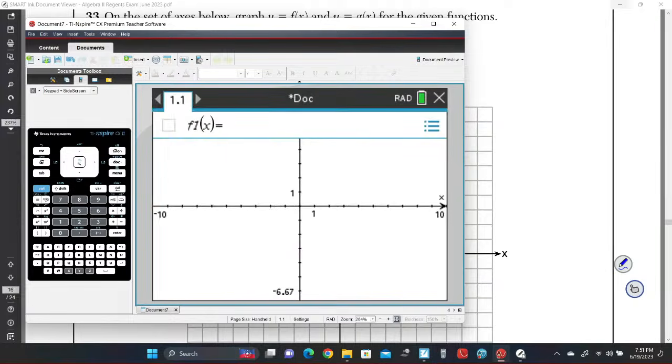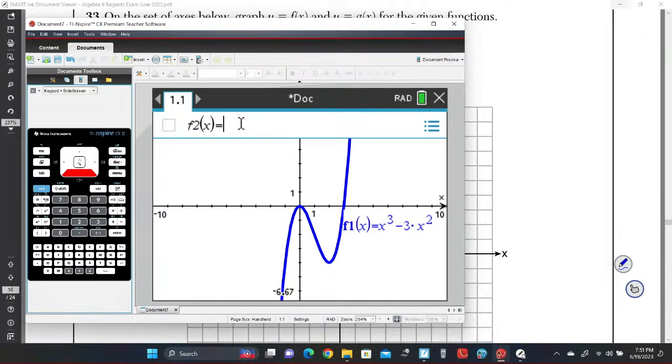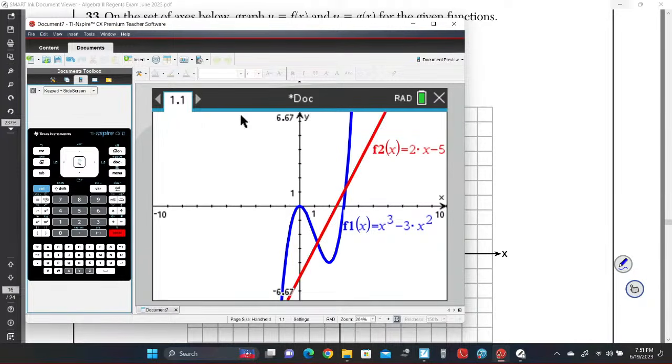I know we've got f and g, but here we have to do f1, and f2 is going to be 2x minus 5.